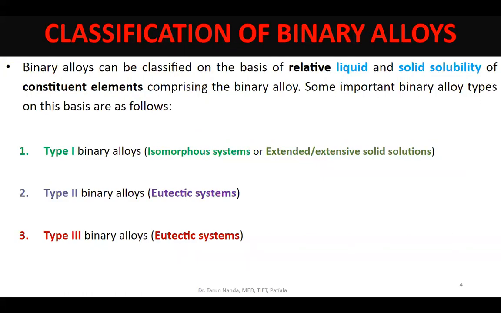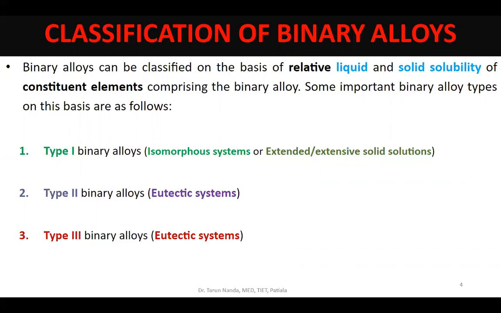But even under binary equilibrium diagrams, we have done some classification for binary alloys. This categorization has been done, number one, on the basis of the relative liquid solubility and the solid solubility of the two constituent elements.